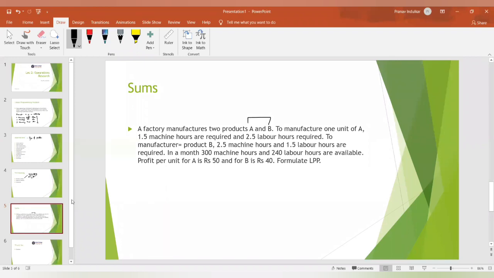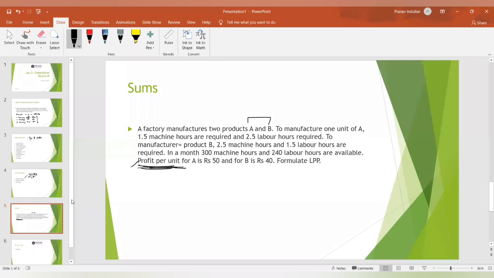No. There is profit. Time is given, but you are not maximizing or minimizing the time; that is given to you in the question. Your profit per unit is the objective. So in this question, what is the objective function?